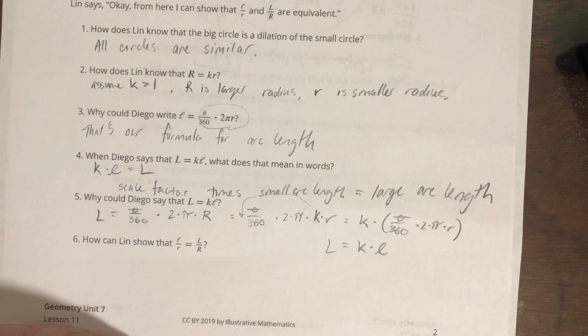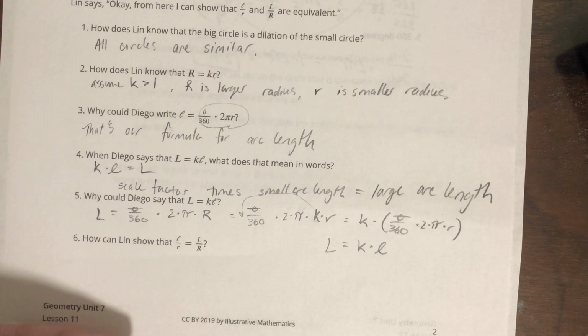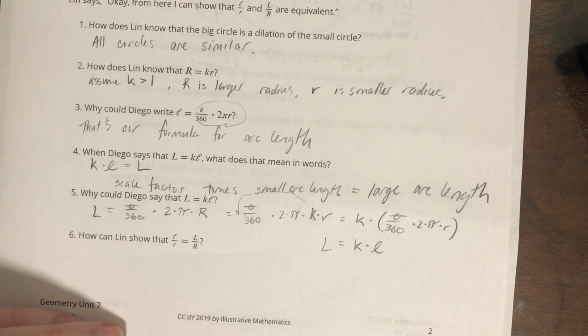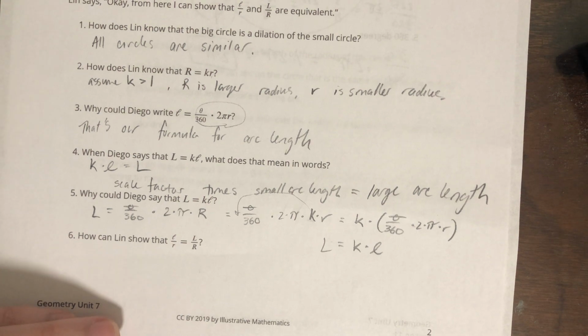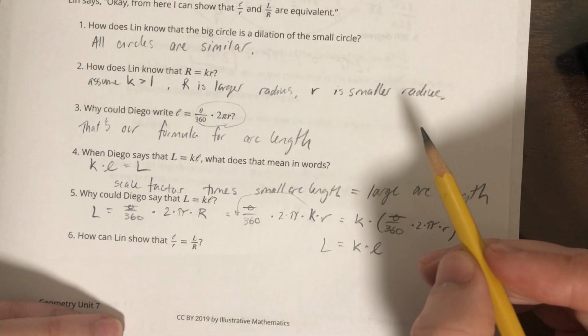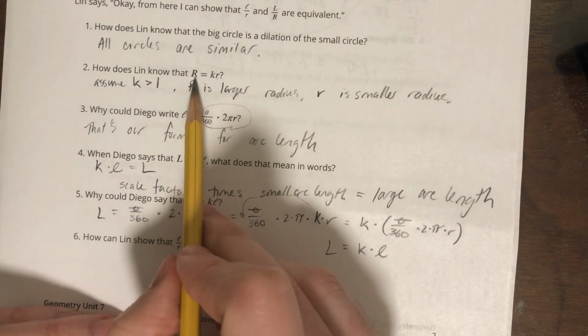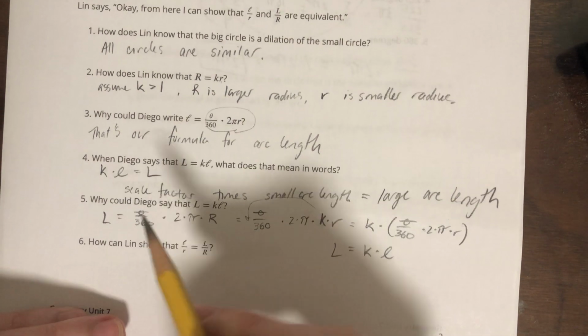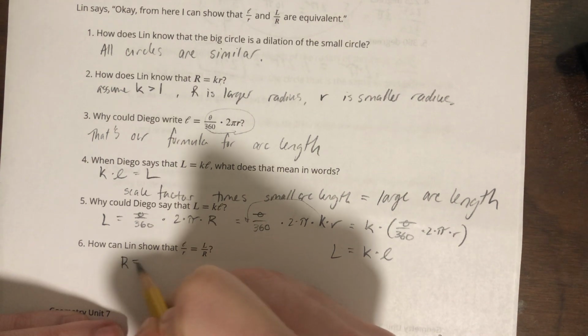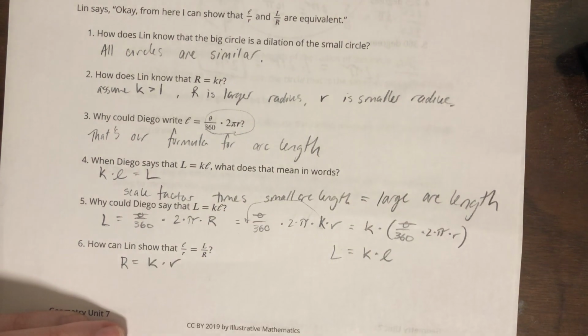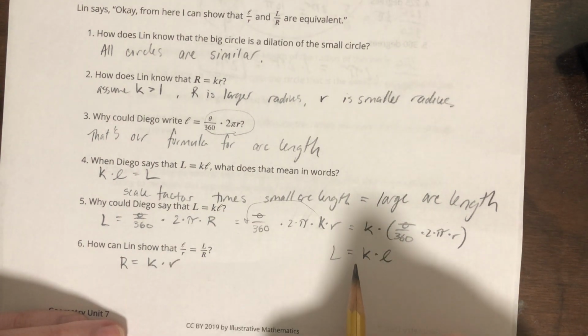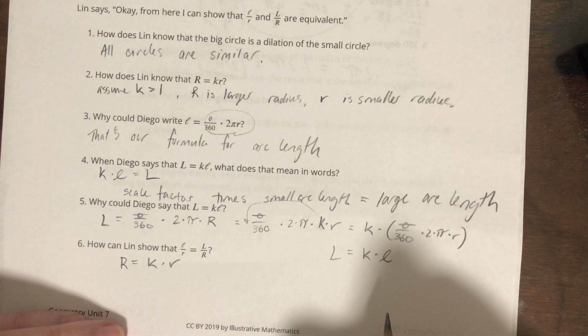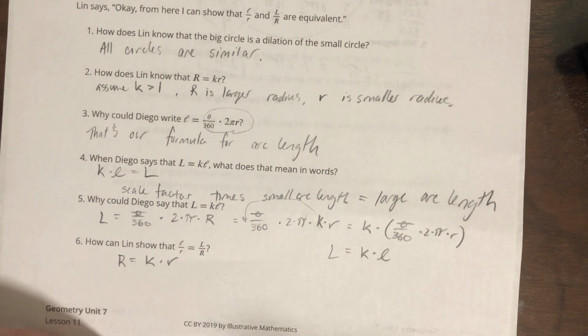How can Lin show that L over R is equal to l over r? Well, that's a tough one, right? All right. So how do we want to show this? Well, if we look at number 2, right, we said uppercase R is equal to K times lowercase r. And now over here we've got uppercase L is equal to K times lowercase l. Well, both of these equations have something in common, right?